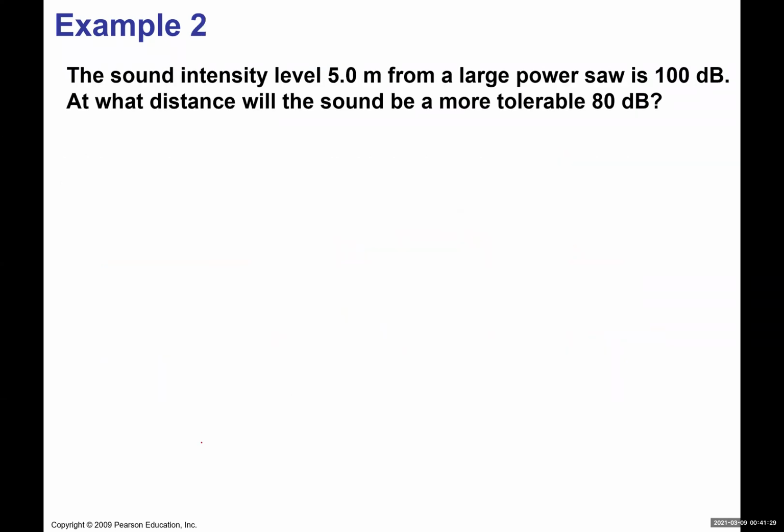Okay, here's another example. The sound intensity level 5 meters from a large power saw is 100 dB. At what distance will the sound be more tolerable, 80 dB? 100 dB is apparently very dangerous.